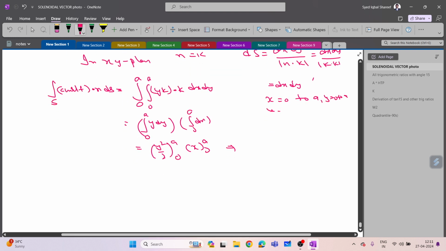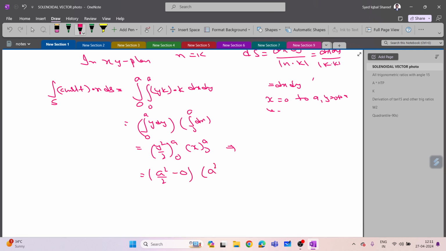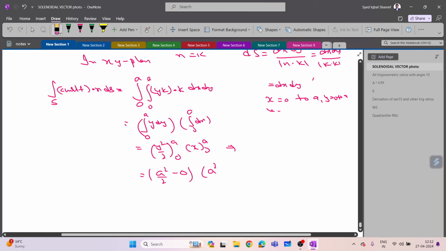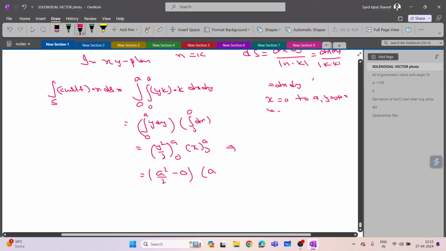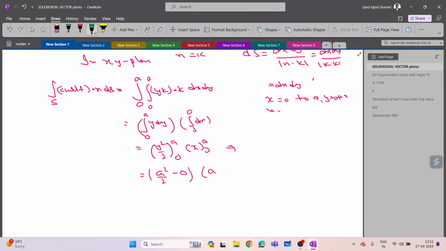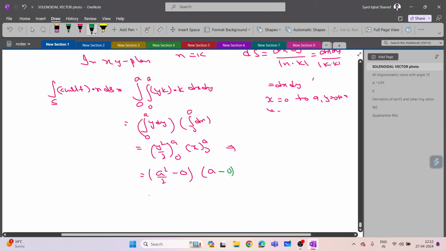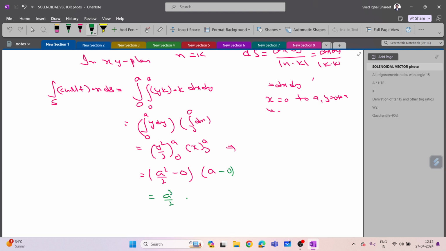This will give a square by 2 minus 0, times a minus 0. So therefore a cube by 2.